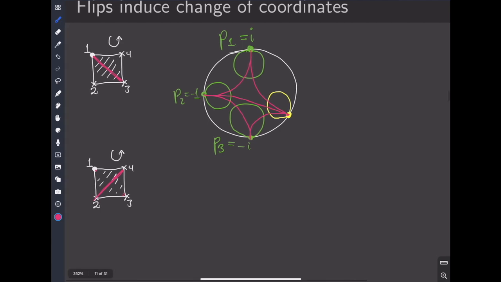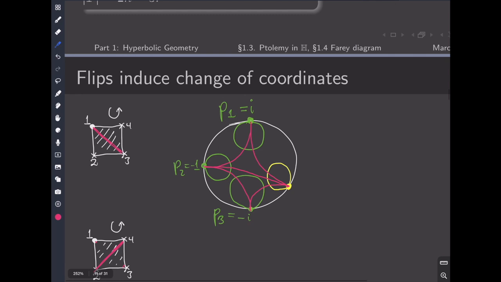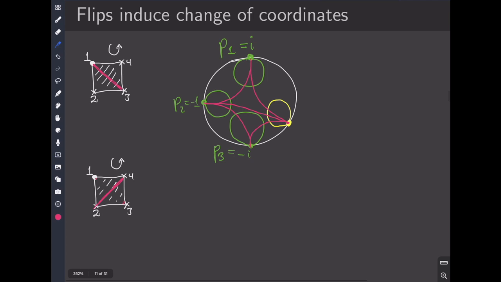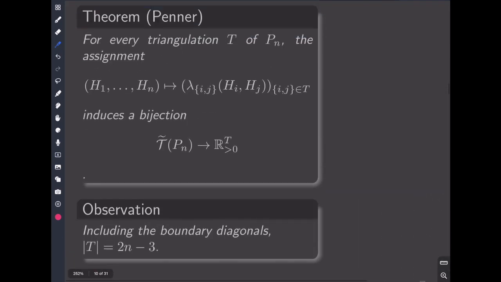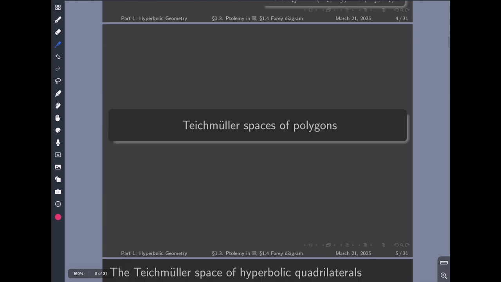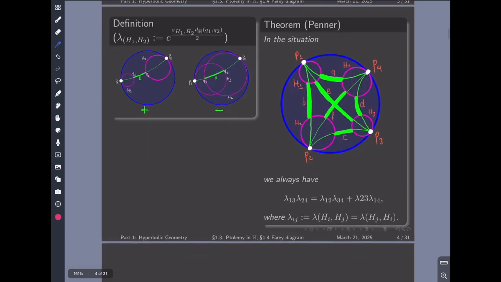This one also gives a parametrization of the decorated Teichmüller space by R to the 5th positive. And then what is the change of coordinates? The change of coordinates is provided by Penner's theorem, by the other theorem of Penner.